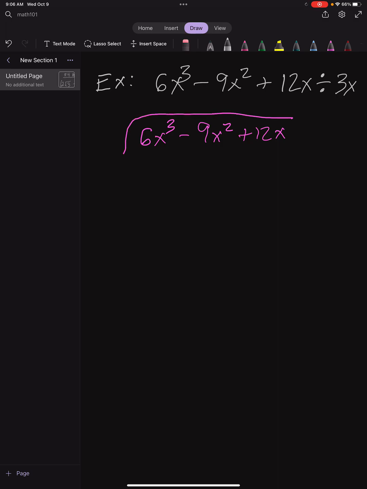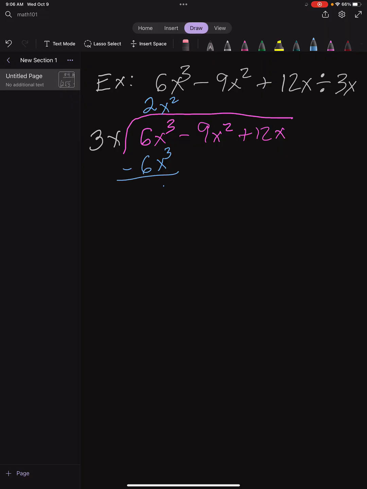And then I'm going to put a 3x outside. Then you need to figure out, well, how many times does it go in each part? Well, 3 goes into 6 2 times. X goes into x cubed. What you're really doing is x cubed divided by x. And that's x squared, because x squared times x is x cubed.